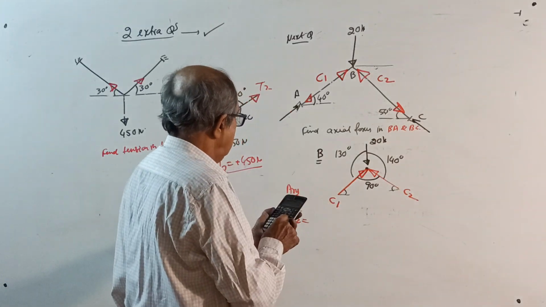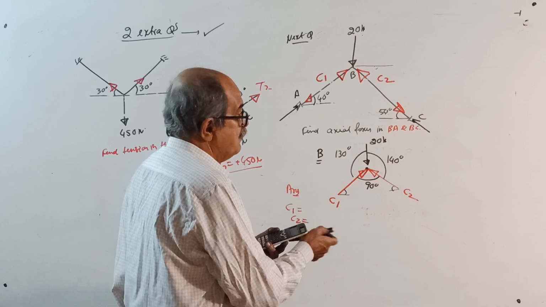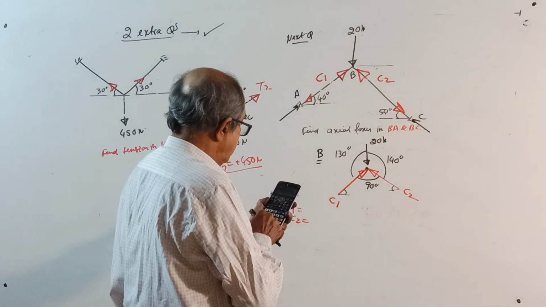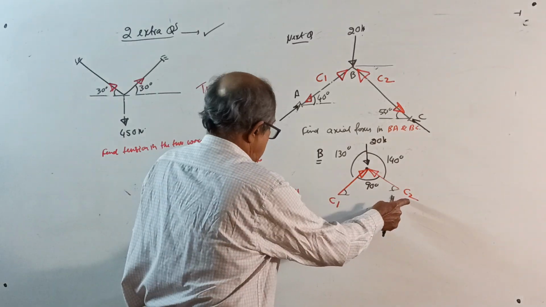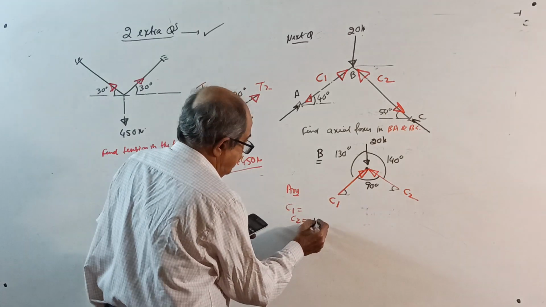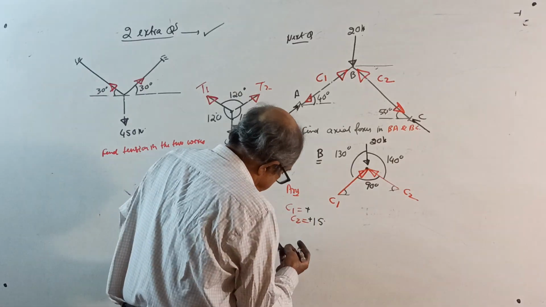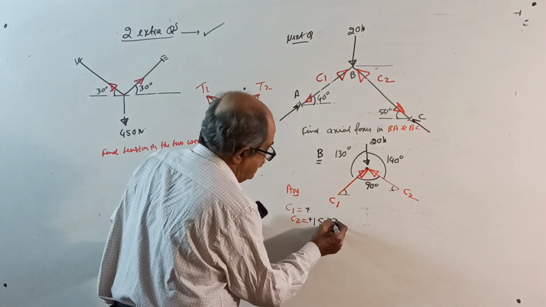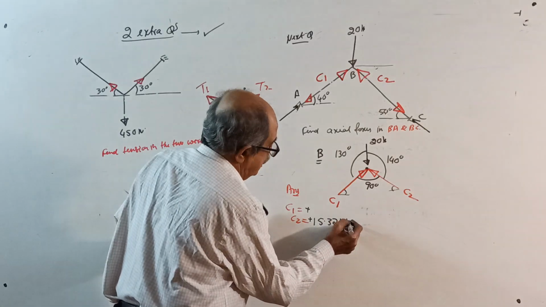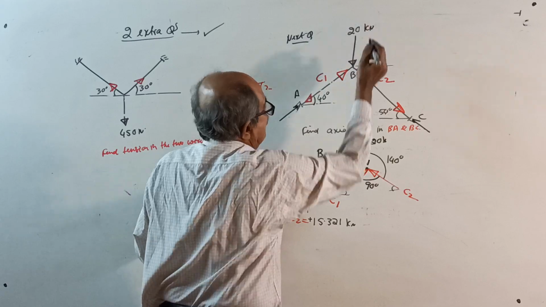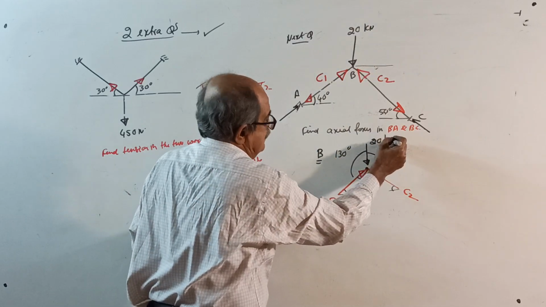Okay, now answer. 20, why should I divide by sin 90? 20 into sin 130 will give you that answer, C2. 15 point, positive will come, 15.321 kilonewton, not Newton. Kilonewton, see, I wrote kilonewton here. That is also important.